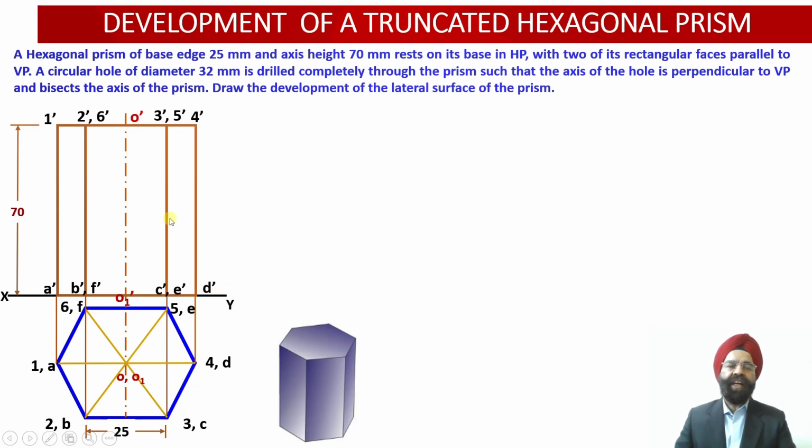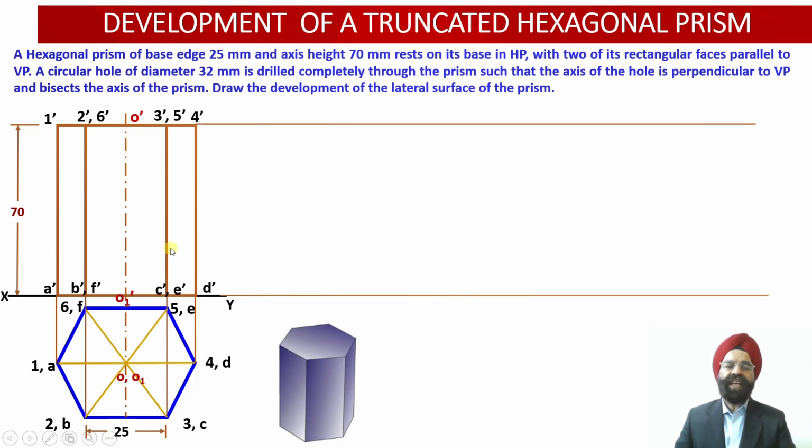Here we have obtained the location of the axis point O dash corresponding to the top face of this hexagonal prism. Similarly, the axis point O1 dash corresponding to the base of this hexagonal prism has also been obtained.